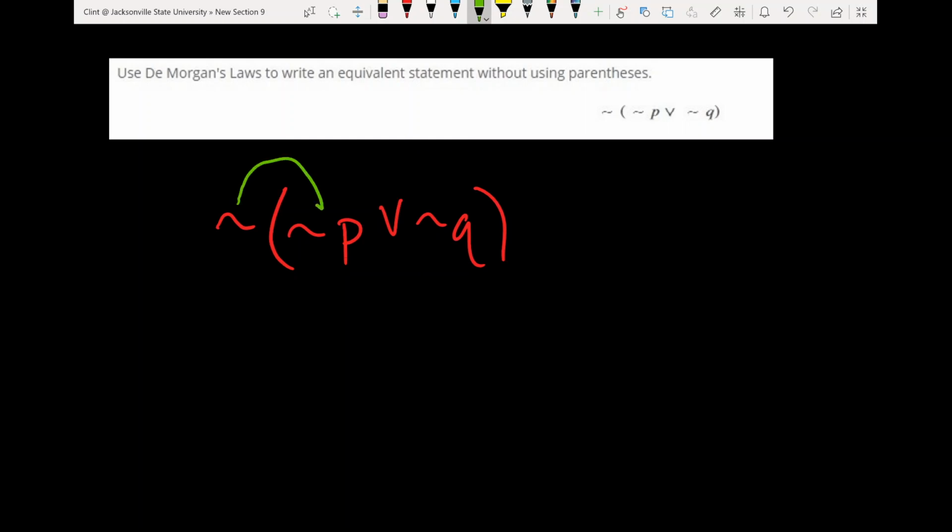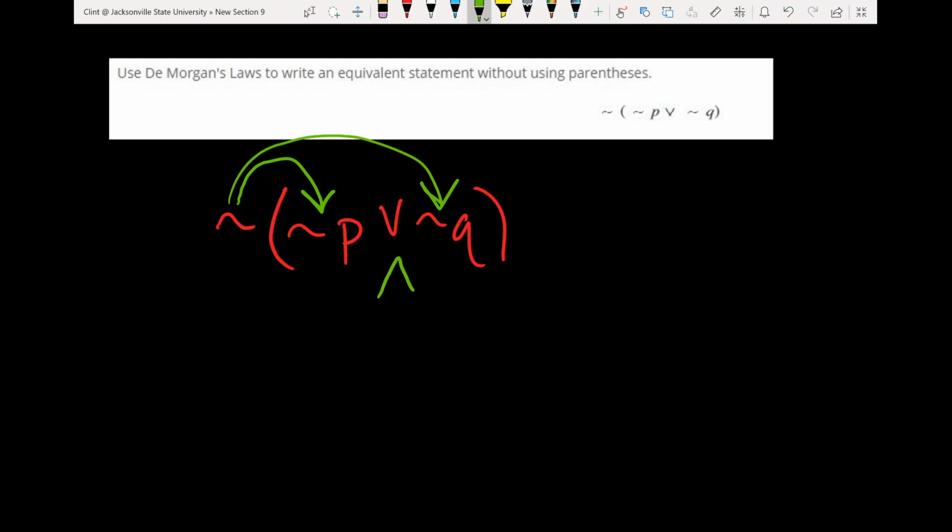You can think about it like the distributive property. We want to distribute this squiggle in here. This V symbol is the OR symbol. It stands for OR. But if we distribute the negation, then we have to flip that sign in the middle.